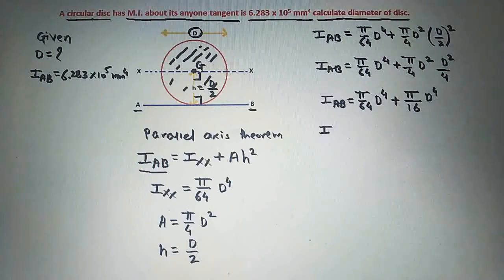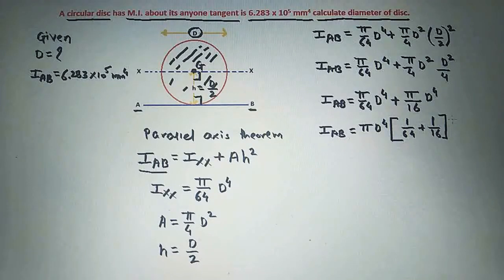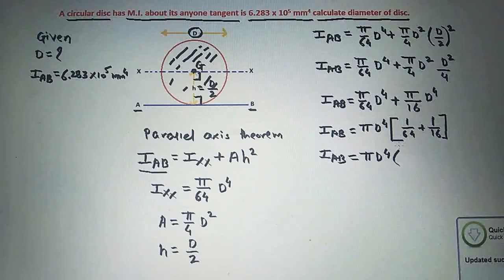Next we can write here IAB is equal to, if we take pi into d raised to 4 common here, then in bracket it will be 1 by 64 plus 1 by 16. If we calculate this 1 by 64 plus 1 by 16, then IAB is equal to pi into d raised to 4 in bracket.